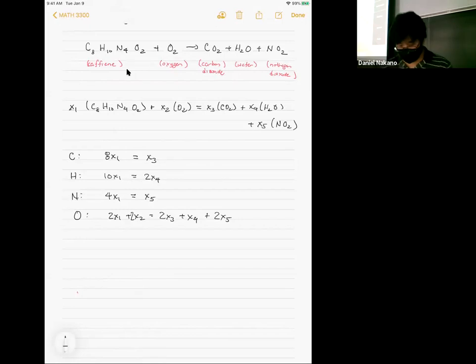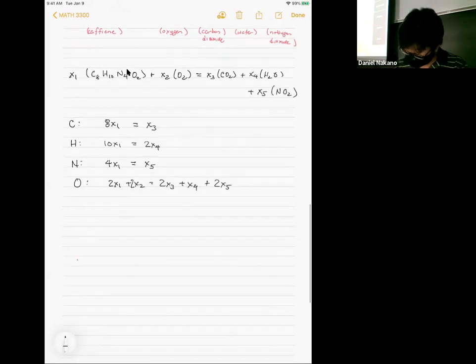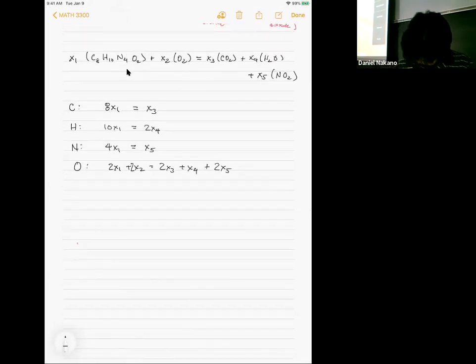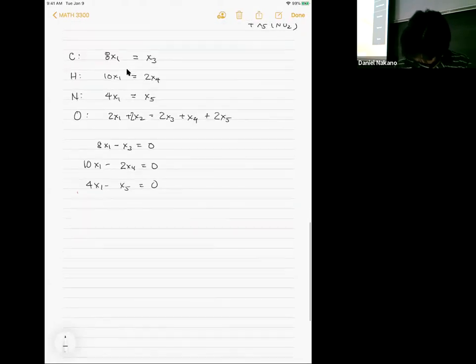All right, so now we can linearize them. 8x1 minus x3 is 0. 10x1 minus 2x4 is 0. 4x1 minus x5 is 0. And lastly, 2x1 plus 2x2 minus 2x3 minus x4 minus 2x5 is 0.